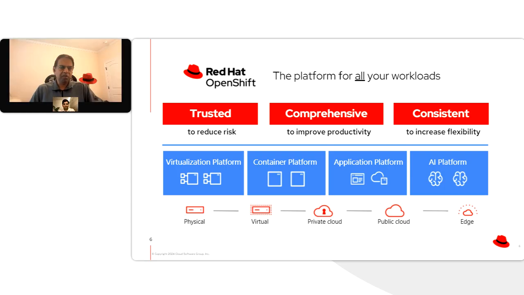John talked a little bit about the Gartner Magic Quadrant, and this picture here really solidifies why that is the case for Red Hat and Red Hat's OpenShift platform. What you see in this visual is really the two underpinnings of those Gartner Magic Quadrants, the container platform and application platform right in the middle. And what you see on the sides are the virtualization platform and AI platform.